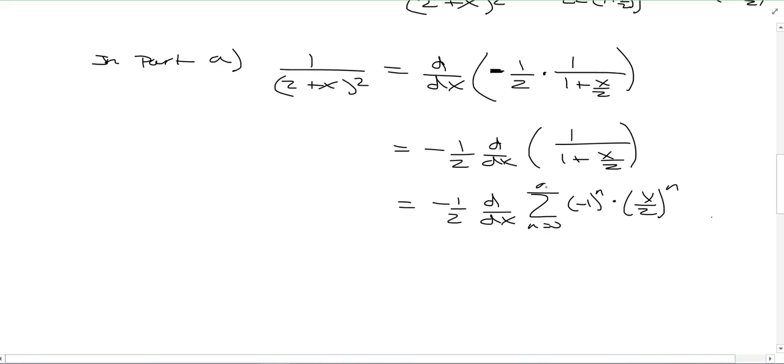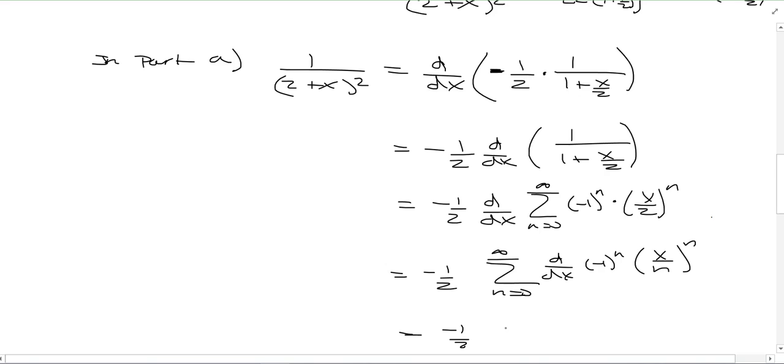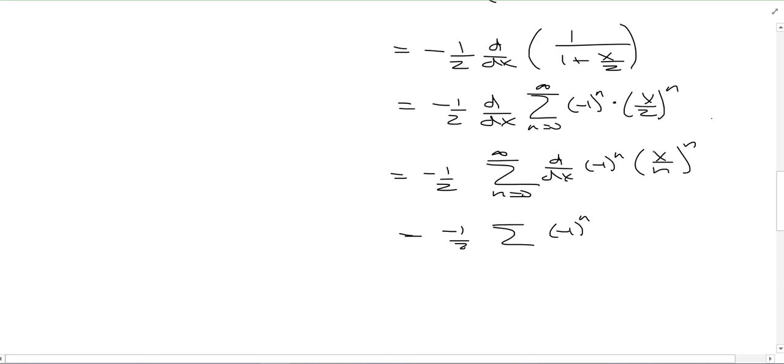That is our power series. So when we take the derivative of this, I'm going to have negative 1/2 summation of minus 1 to the n, and then take the derivative here. x is the variable, so this is going to be x over 2 to the n minus 1.